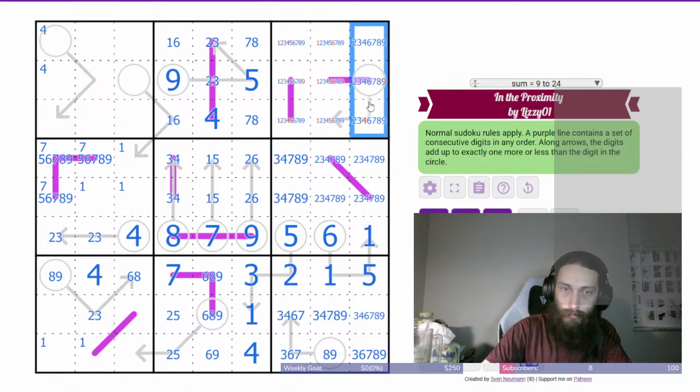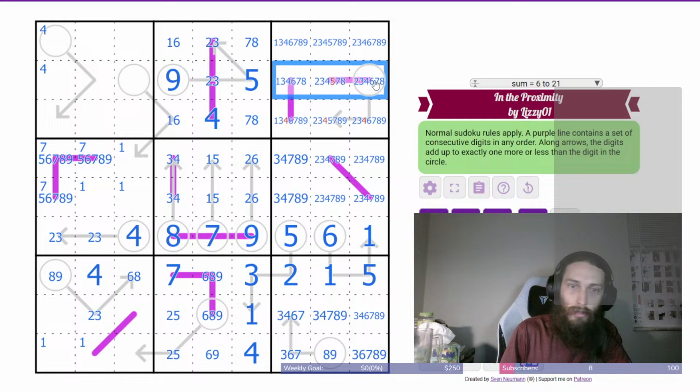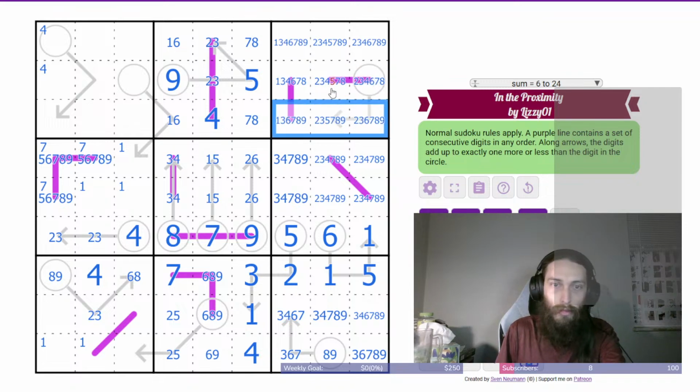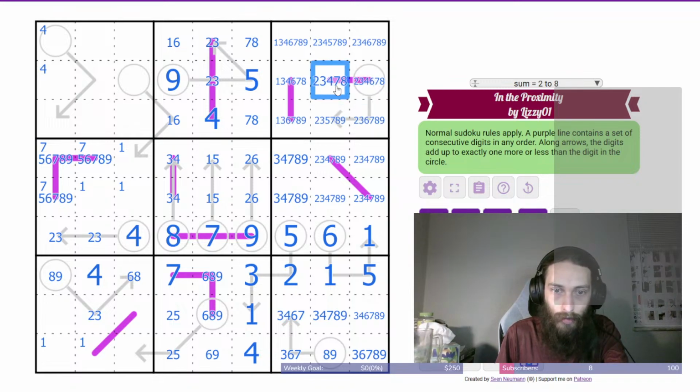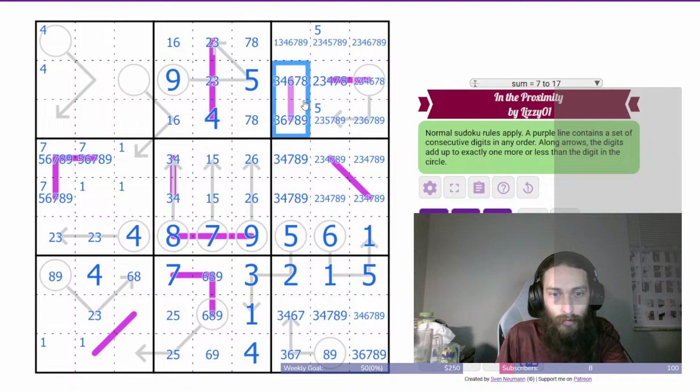Yeah. 1 5, 6, 2 5, 9, and 5 there. Places 5 in one of those positions. Now you can't put a 1 there, and it also can't be a 3.